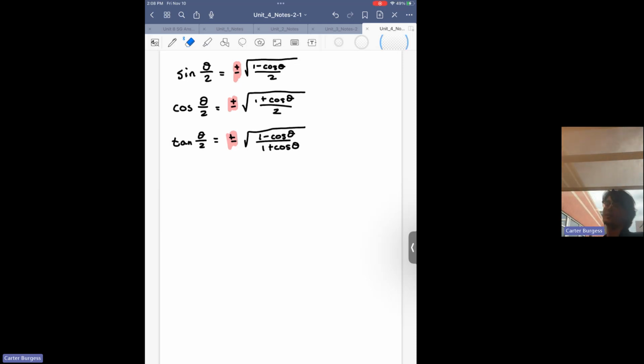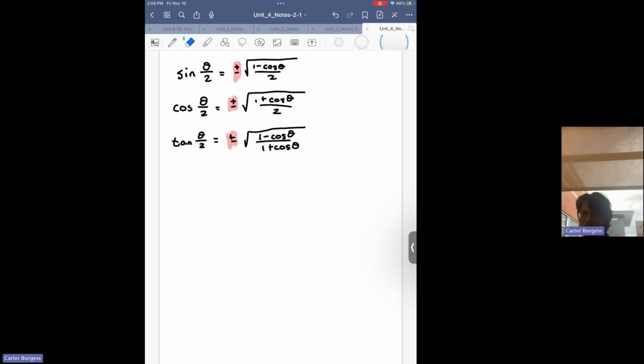All right. The final identity that we are going to be looking at before we start solving some of these equations is going to be our half angle identity.